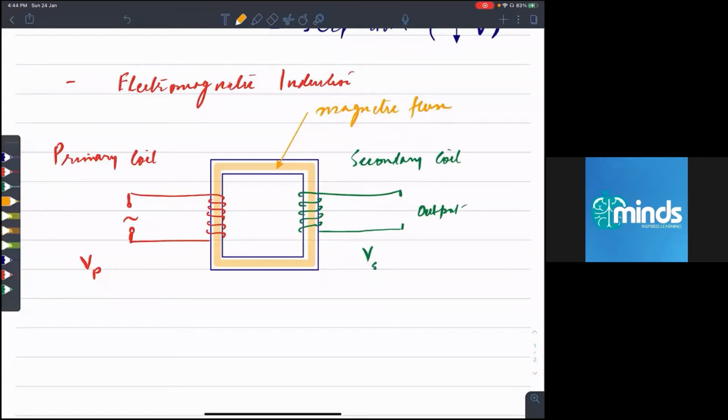What Anna said, the direction will be changing, but most important, this is alternating current. Alternating current keeps on fluctuating. Even when it is all positive, it keeps on changing its value. So alternating current is fluctuating, pulsating current. It keeps on changing its value.